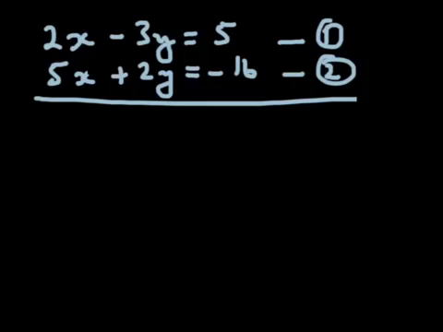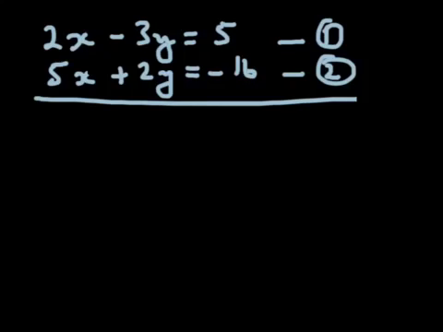Again, remember the idea is to get the coefficients of x or y to be the same. So the trick is, what I can do is multiply this equation through by that number, and multiply this equation through by that number, and you'll see what happens.